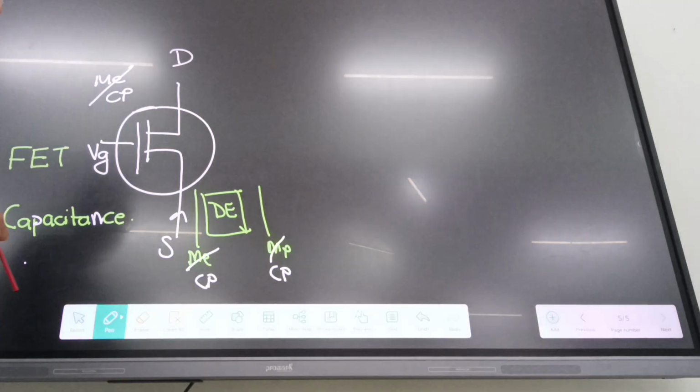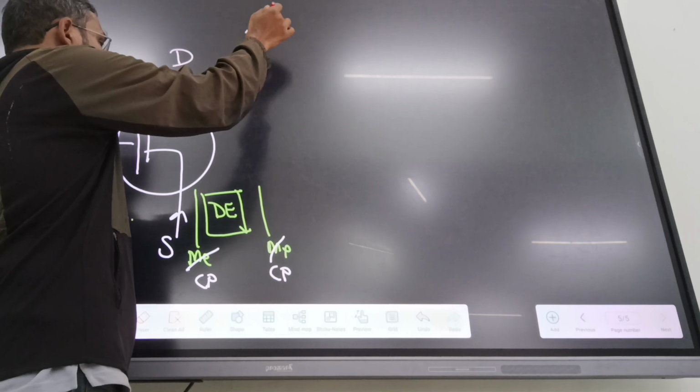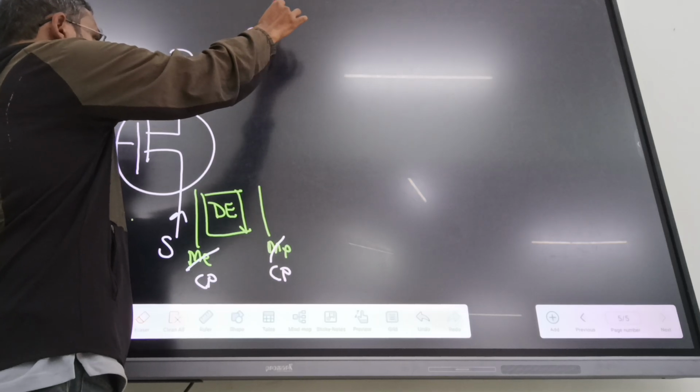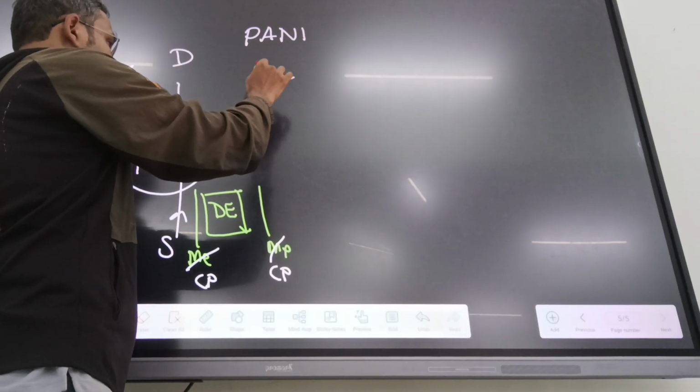Now let's come to a specific conducting polymer, PANI. Its structure is something like this.